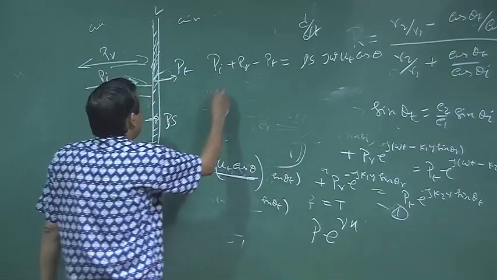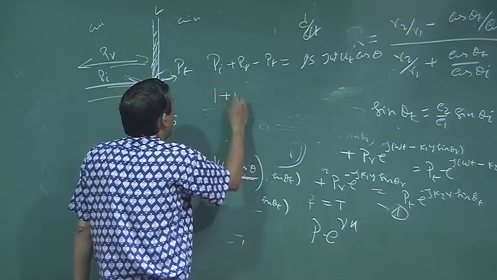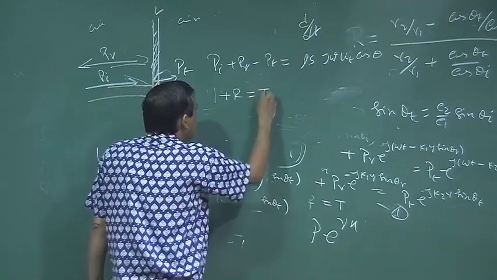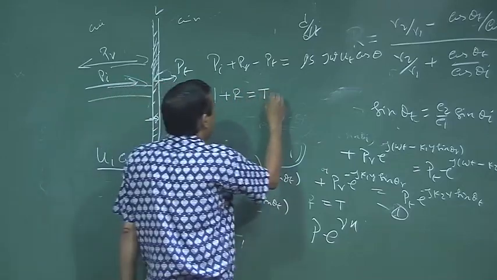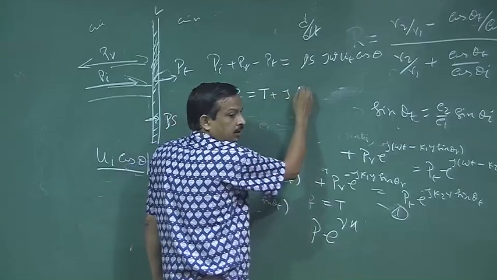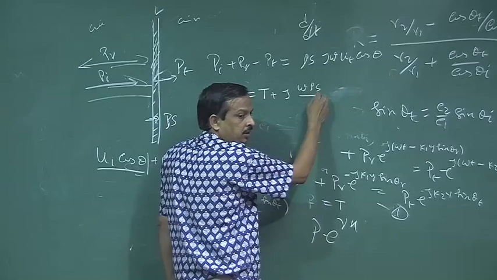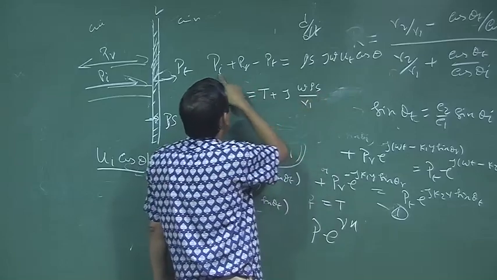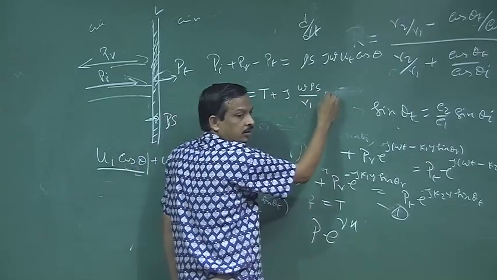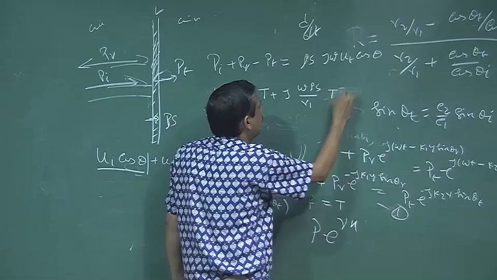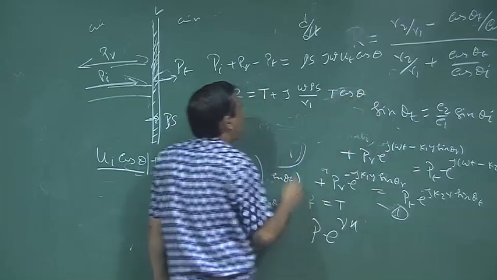Then 1 plus R equals T, the transmission coefficient, plus j omega rho S divided by rho1 c1 times T cos theta.